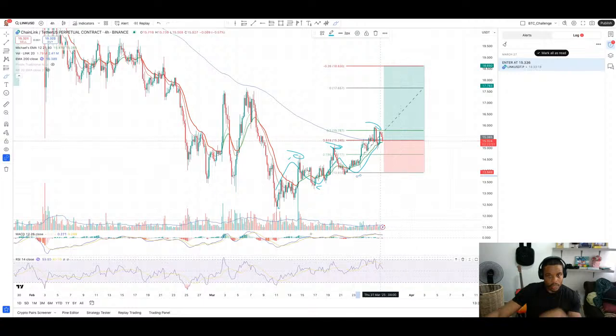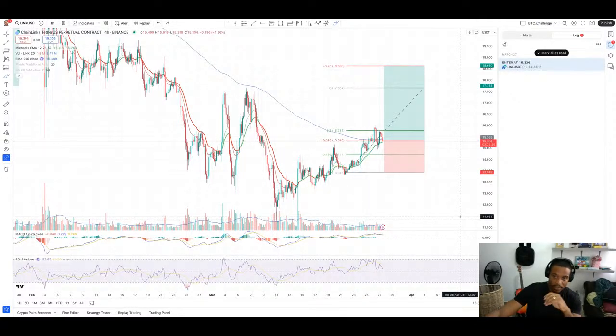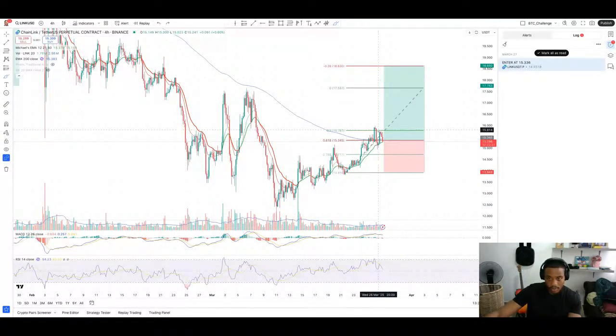In my system, you can see this is my 200 EMA line, for example. We've just gone across it, so we've broken the 200 EMA line.